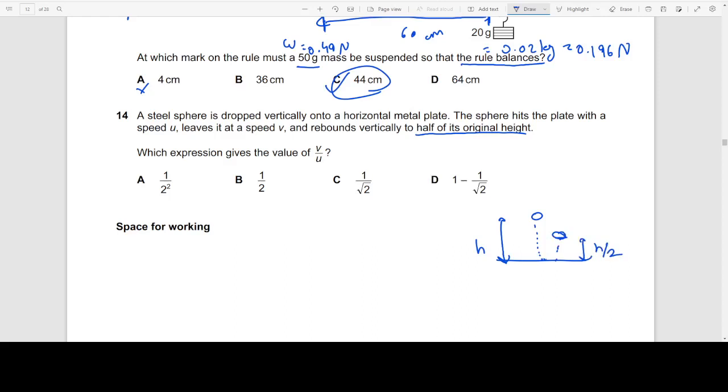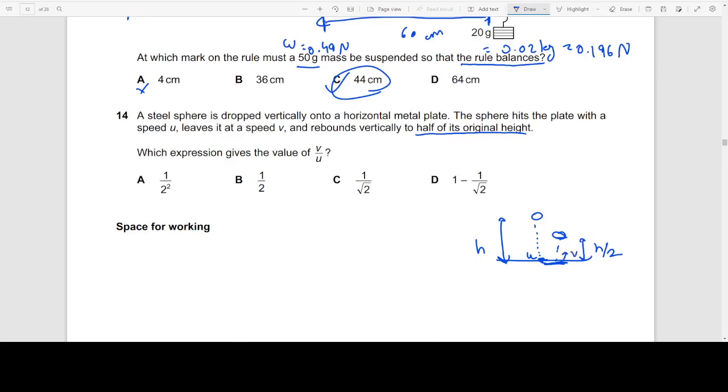It leaves at a speed v. So at this point, velocity is u, and after bouncing, some of its momentum is transferred into this plate, and it emerges with velocity v upwards after hitting.